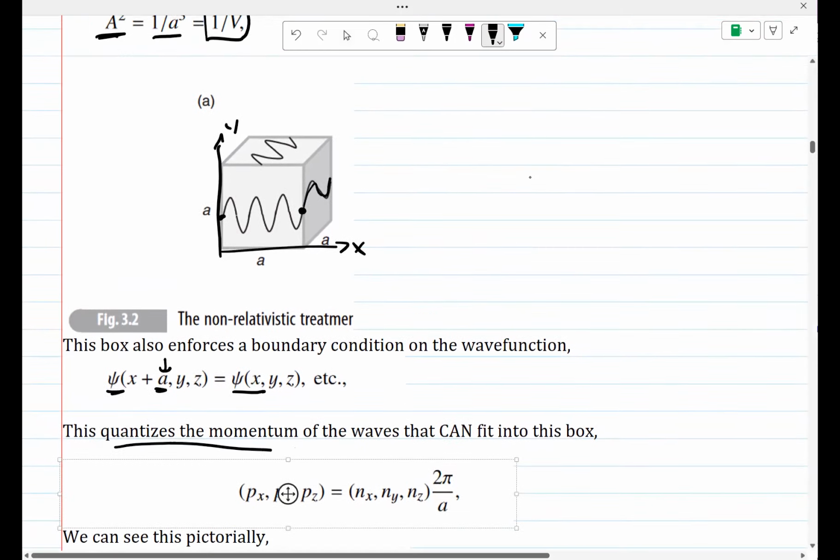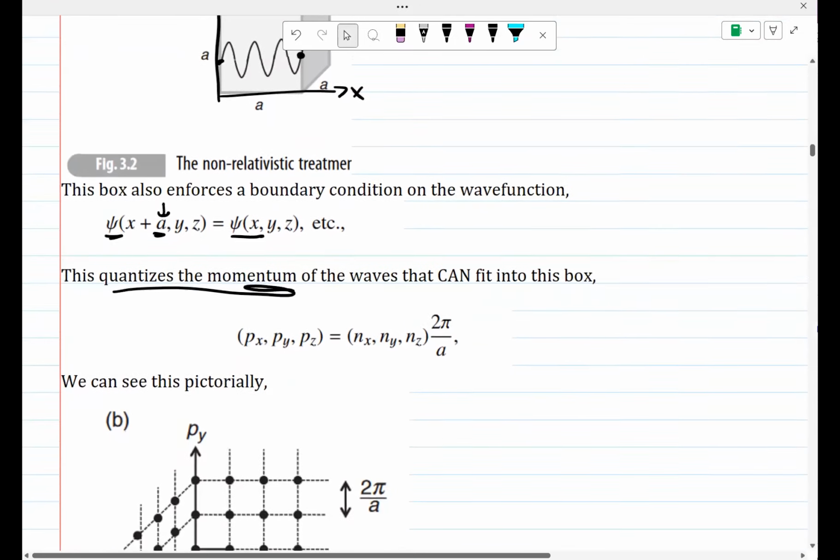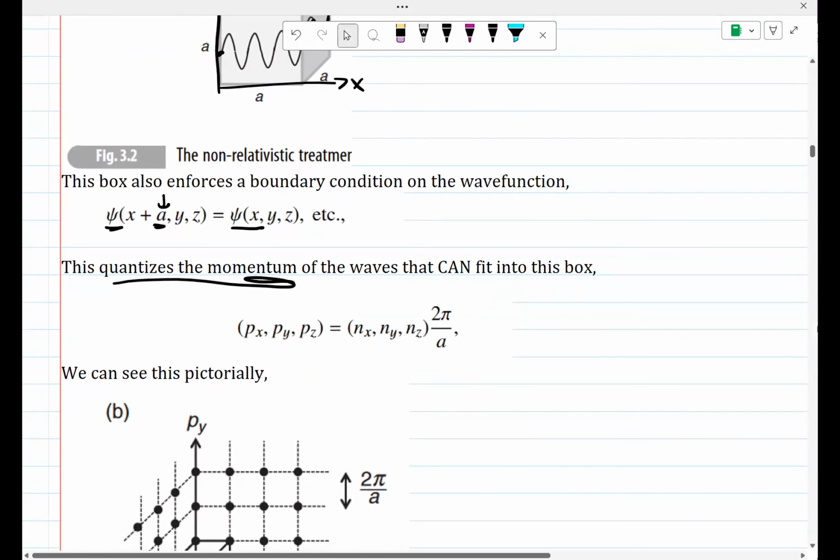This allows you to quantize the momentum, meaning that only certain momentums of particle waves can actually fit in this box, okay? And this is what allows us to quantize the number of particles within each box.